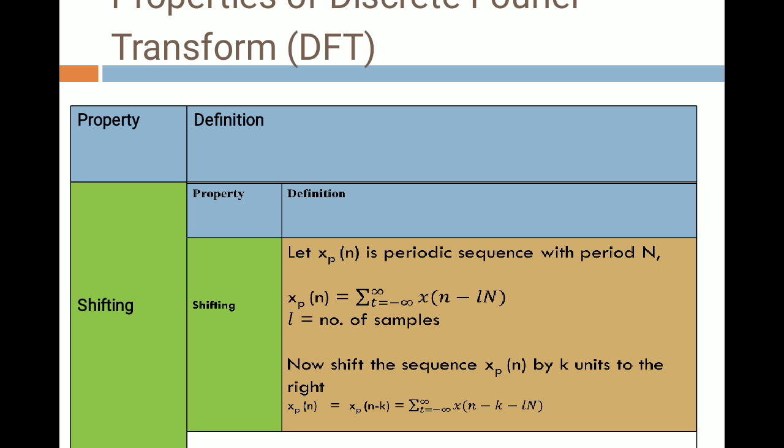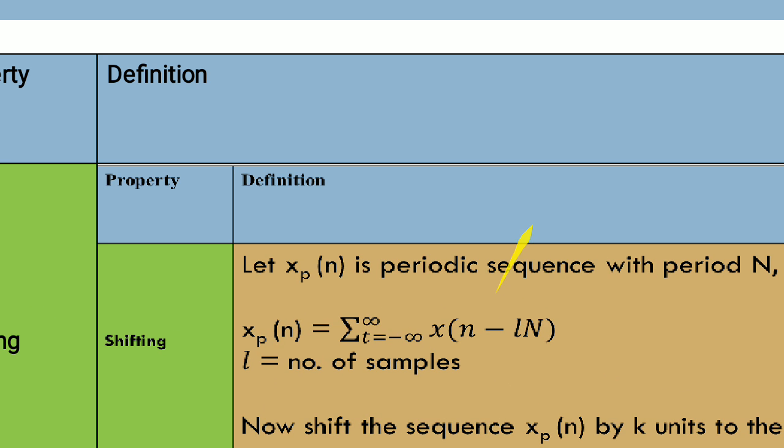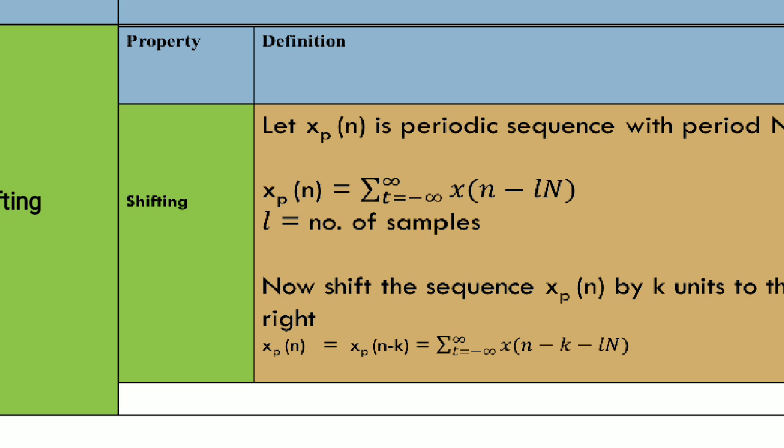Now, if we shift the sequence xp(n) by some units k to the right, the resultant signal will be xp(n - k), equal to the summation over l from minus infinity to infinity of x(n - k - lN).